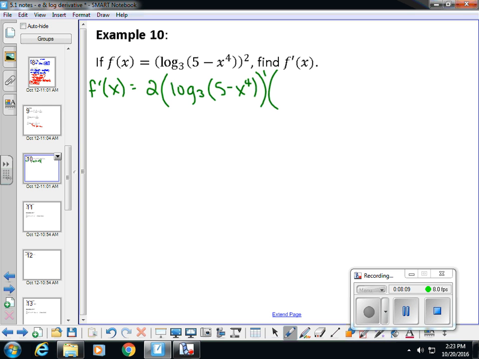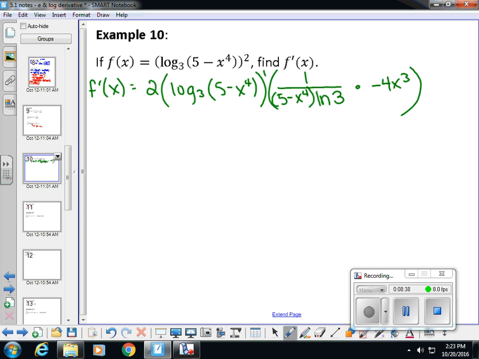So this is using my log rules. So it's going to first be 1 over my u, which is really that 5 minus x to the 4th, that's my argument, times the ln of 3, all in my denominator, and then times the derivative of my argument, which is negative 4x to the 3rd.